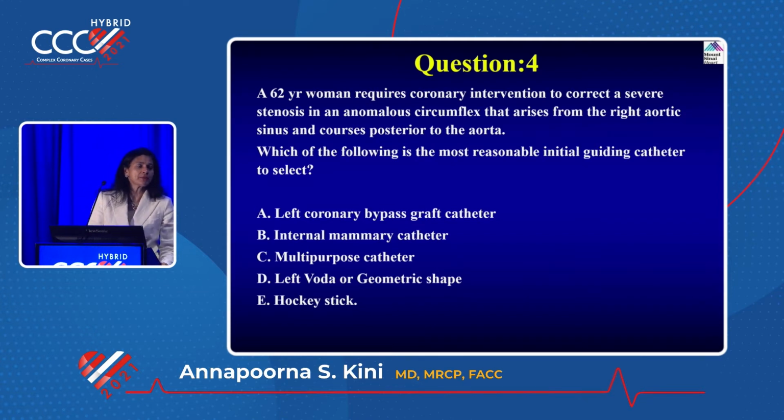Left main absent is an anatomical variant, okay, it's not an anomaly, but the commonest anomaly is left circumflex coming from the right side, and then what does it do? It goes posterior. That is why you see the button sign in the RAO view when you're doing an LV gram. It goes posterior. That's the usual course, so it goes posterior and reaches the back of the heart.